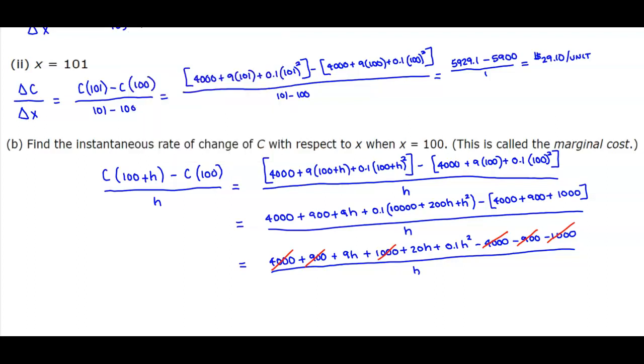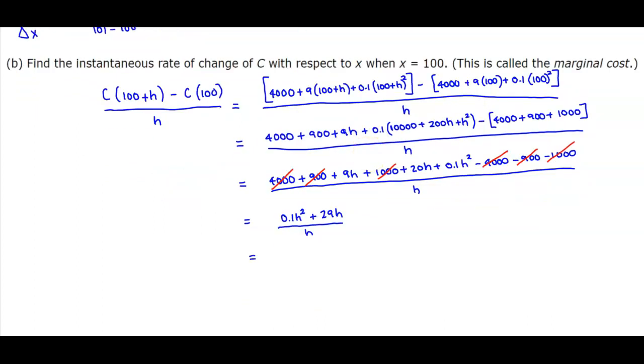So now what's left is we're going to combine like terms. We have 9h plus 20h, which is 29h. So we have 0.1h squared plus 29h divided by h.